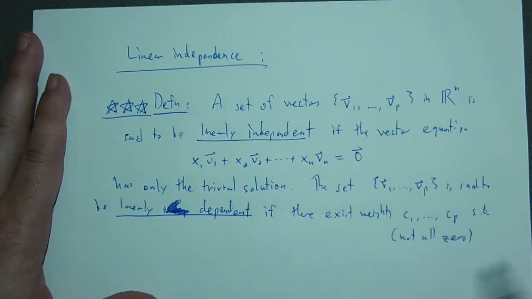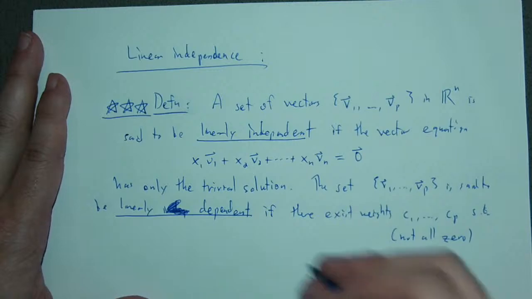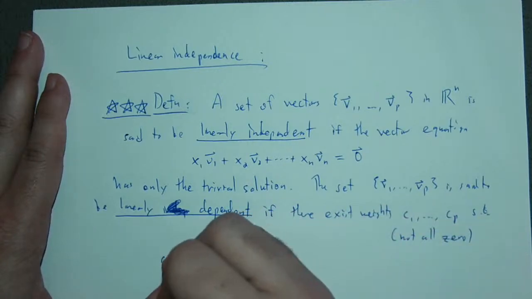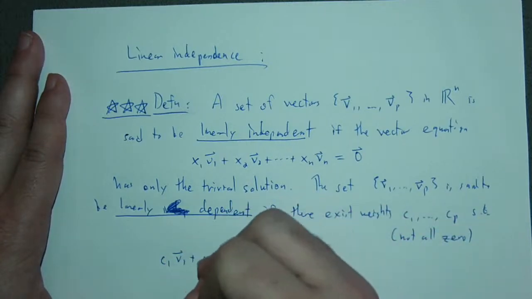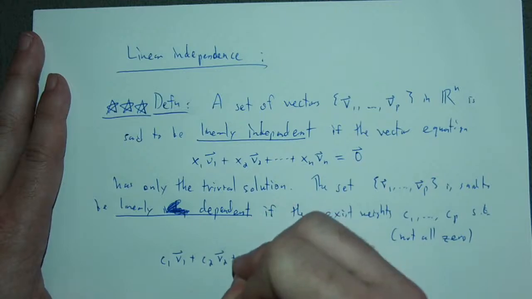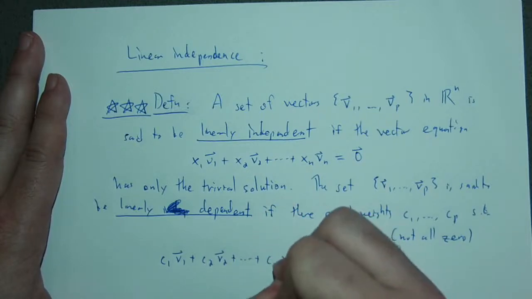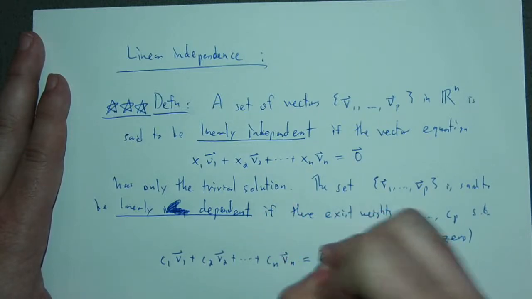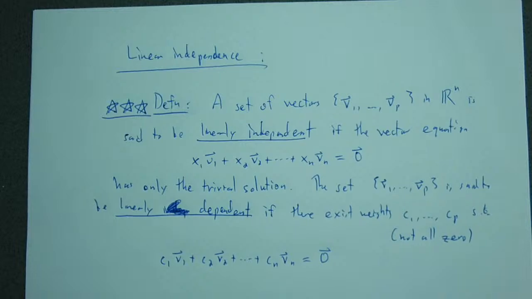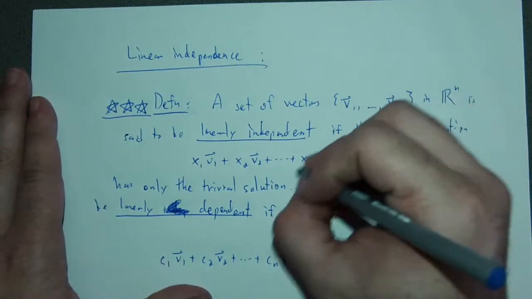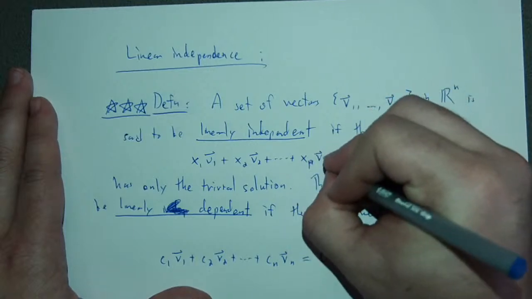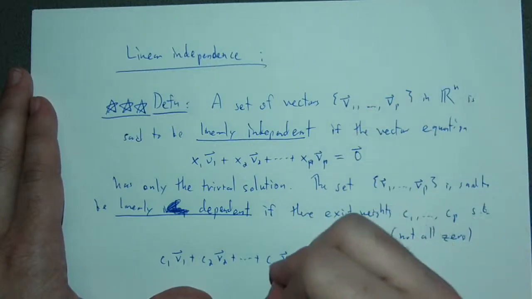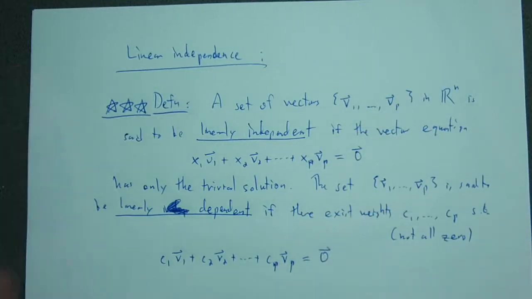So if there exist weights c sub 1 through c sub p, not all zero, such that c sub 1 v sub 1 plus c sub 2 v sub 2 and so on up to c sub p v sub p is equal to the zero vector. Okay, so all these last indices are p.